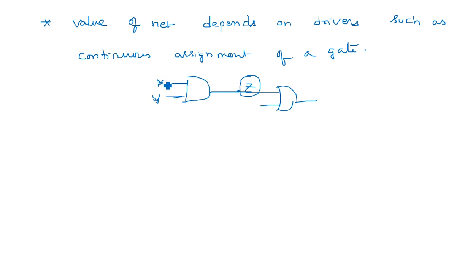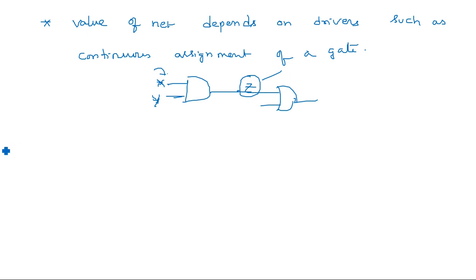If x and y are supplied at once and removed, z goes to the OR gate and goes away. It will not store that value. Hope you understand what I am saying. Whenever x and y are available, z will be available. If x and y are not continuously available, then z will not be there. So that is the net. Net doesn't have any storage element. It just takes the value and sends it to the next one.